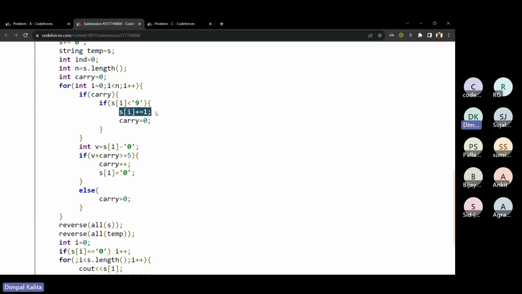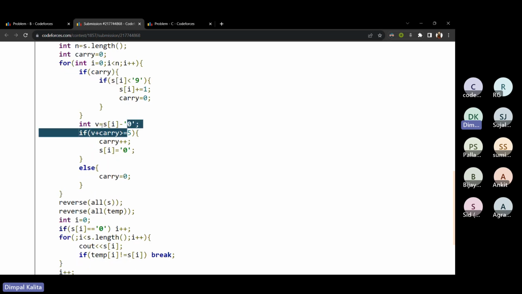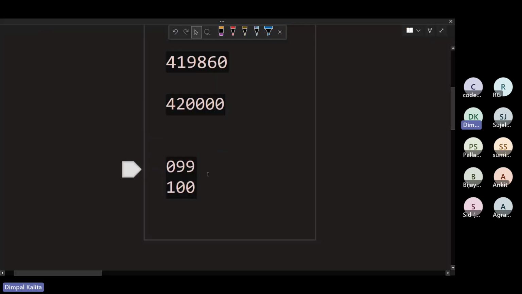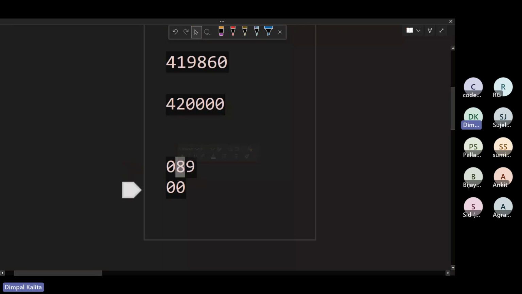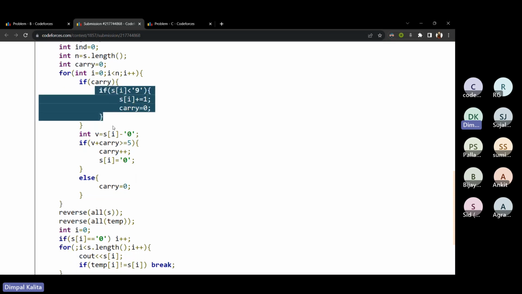If I get 9, I have to ignore that, because I'll handle that below. If I get less than 9, like 8 here, and I have a carry from the previous one, if I round up till this 9, I'll get 0, 8, 0. I'll get a carry from the previous 9, and the carry will get added to 8. So I will get 0, 9, and 0. And this carry is handling that part only.